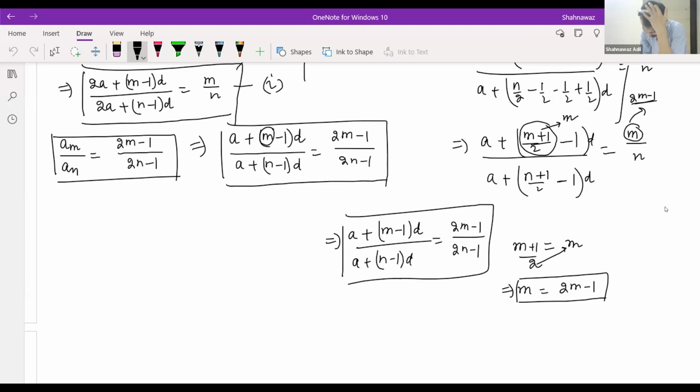Yeah, so this is also correct. Yes, Tejasvi, correct, correct. Okay, noted everybody.